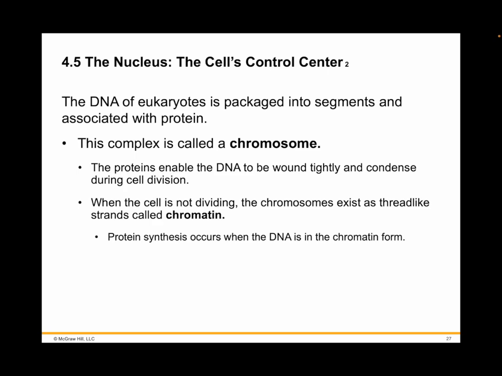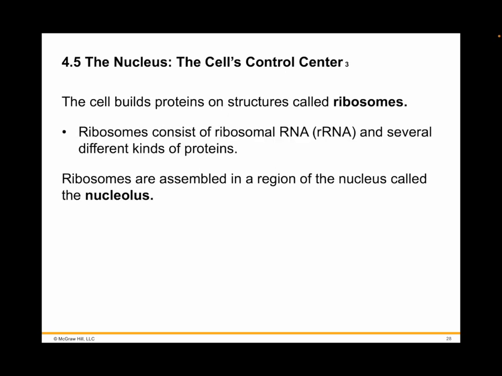The RNA molecules leave the nucleus through the nuclear pores, and as they leave through the nuclear pores, they enter the cytoplasm where the proteins are synthesized. These proteins carrying out many different functions determine what the cell is like.